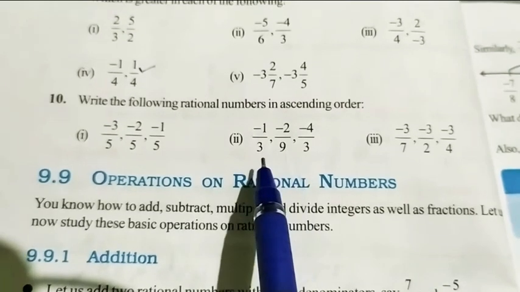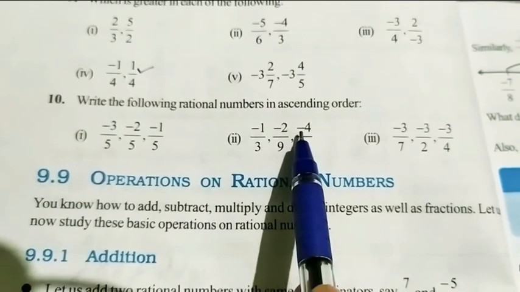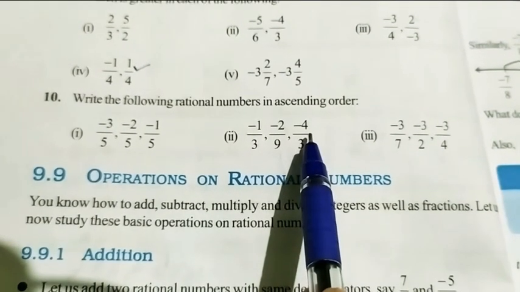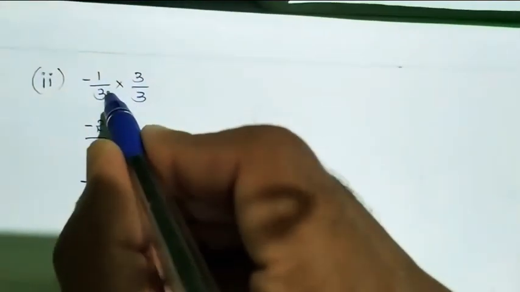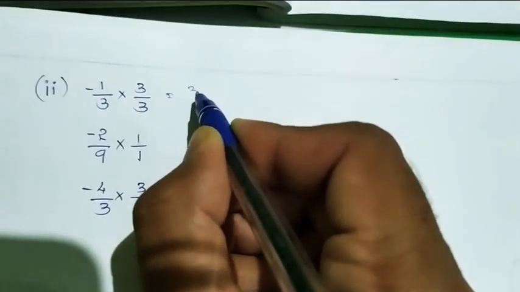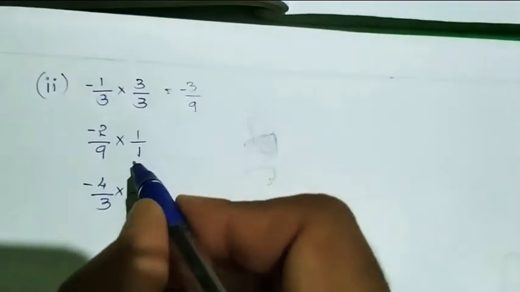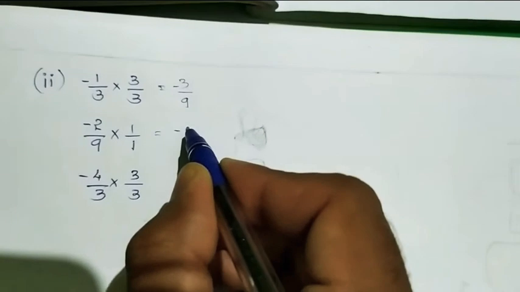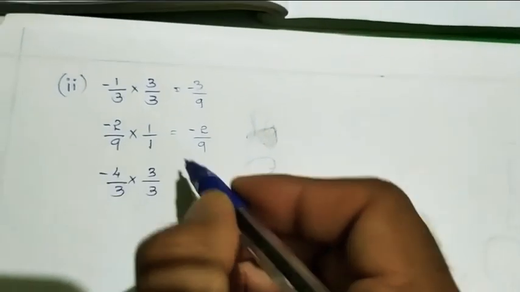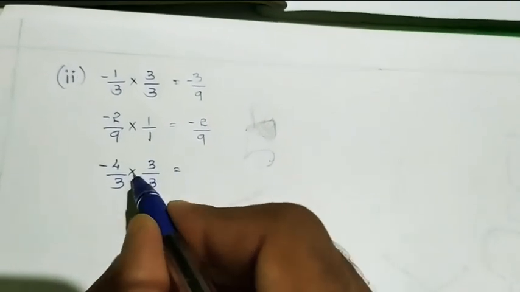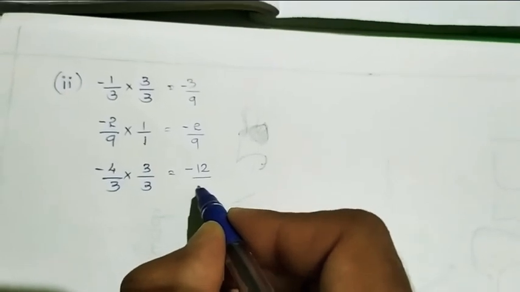Multiply minus 1 by 3 into 3 by 3 and minus 4 by 3 also into 3 by 3. So here we get 1 3s are 3, 3 3s are 9, so it is minus 3 by 9. Next here minus 2 by 9. Next 4 3s are 12, minus 12 by 9.